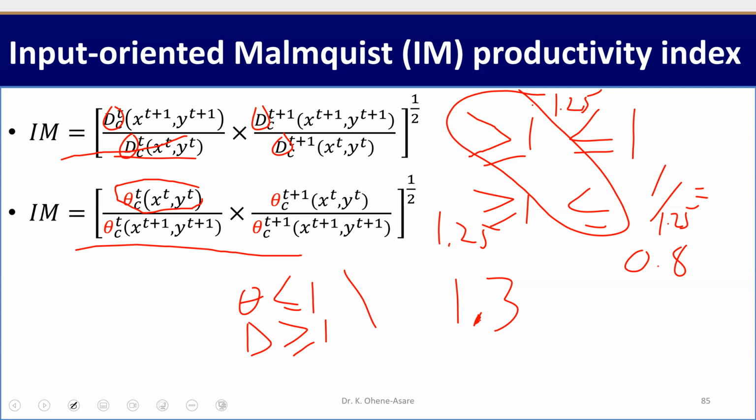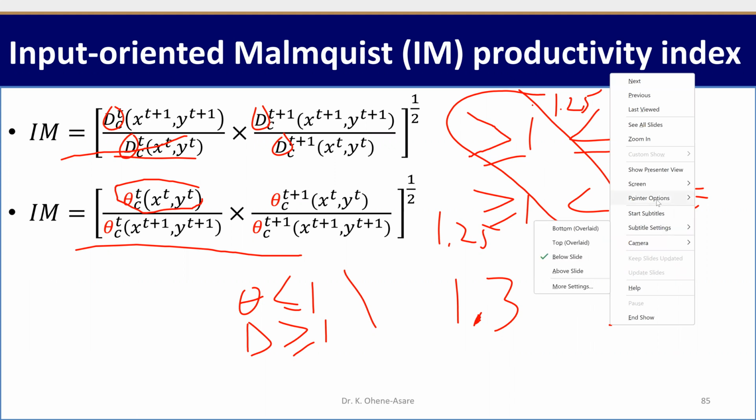You don't take any reciprocal, you leave it and interpret it as it is. Michael, exactly. Yes, Doc. Any question again on this? Now let's move on.